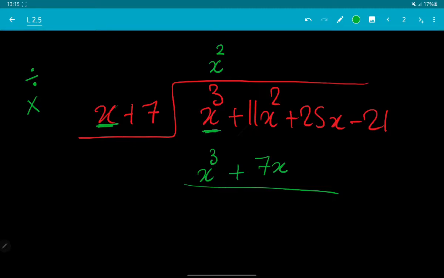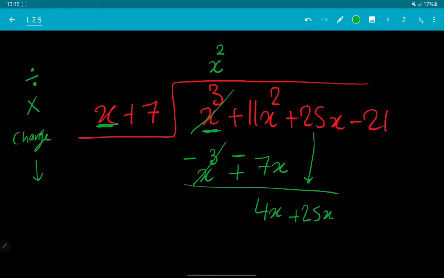The next step, if you remember, is subtract, but we will not say subtract here. We can change the signs. So change the signs. When you change the sign, this will be cancelled, and 11x squared with negative 7x squared will be 4x squared. Then drop plus 25x. Start again the same cycle.